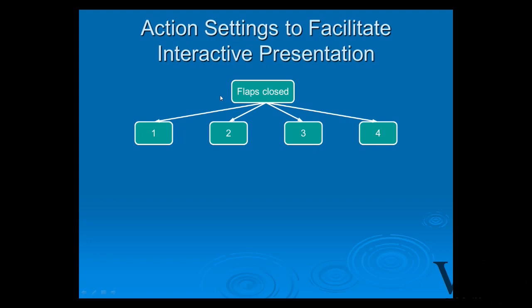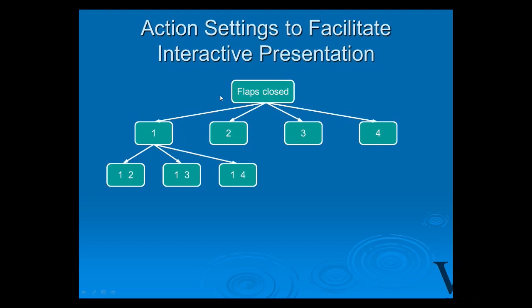The next slide. Now I have a dilemma because after I opened 1, there are still 3 possibilities left. So I need 3 more slides, which is 1, 2 is open when from here I click on flap number 2, 1, 3 is open, or 1, 4. And this is the point where most of us would give up and say, no, this is getting too complicated.